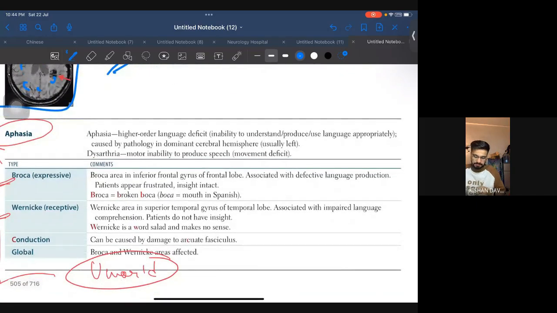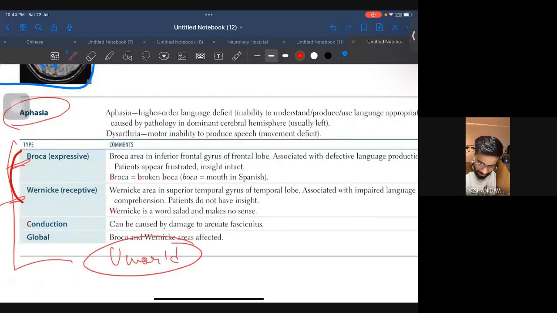Coming to aphasia. Most commonly they will focus on Broca and Wernicke only.